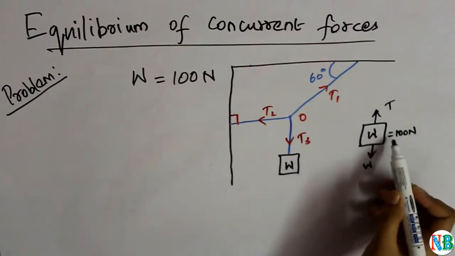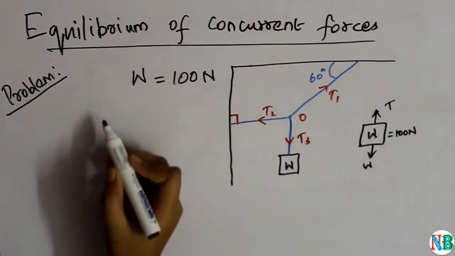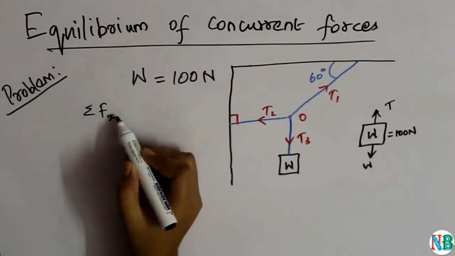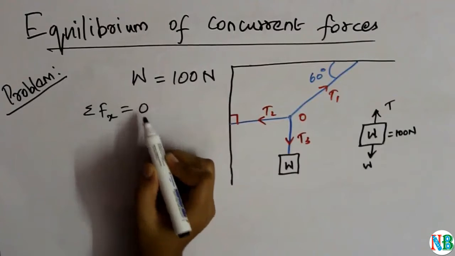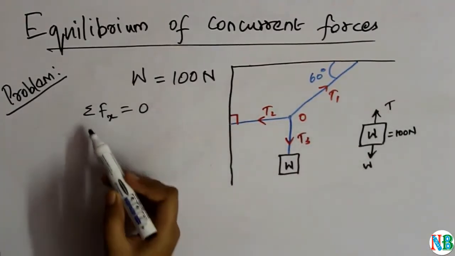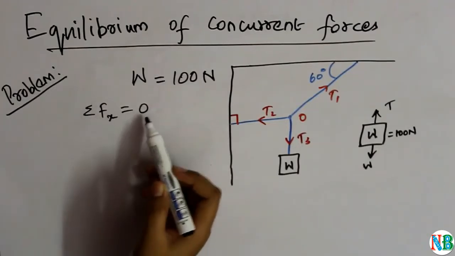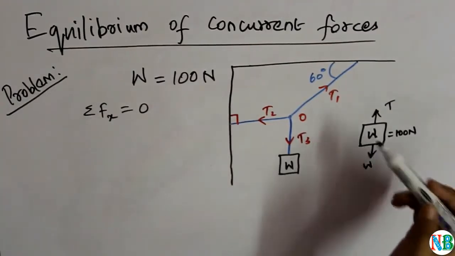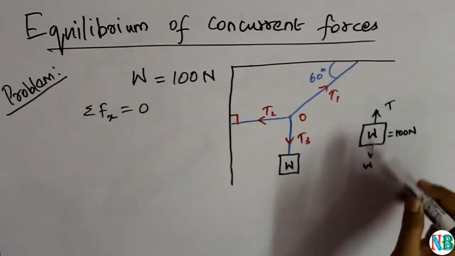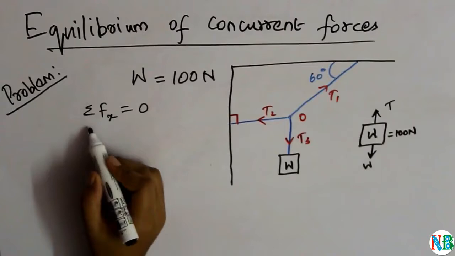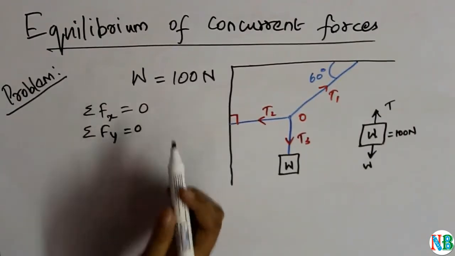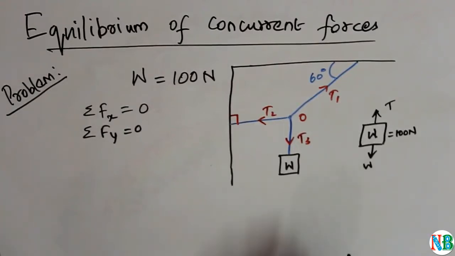Here there are no horizontal forces, that is, the summation of Fx, the horizontal force, is 0, as there is no horizontal force acting upon the system. There is a force acting vertically, where the summation of Fy is equal to 0, which is the condition for a system in equilibrium.